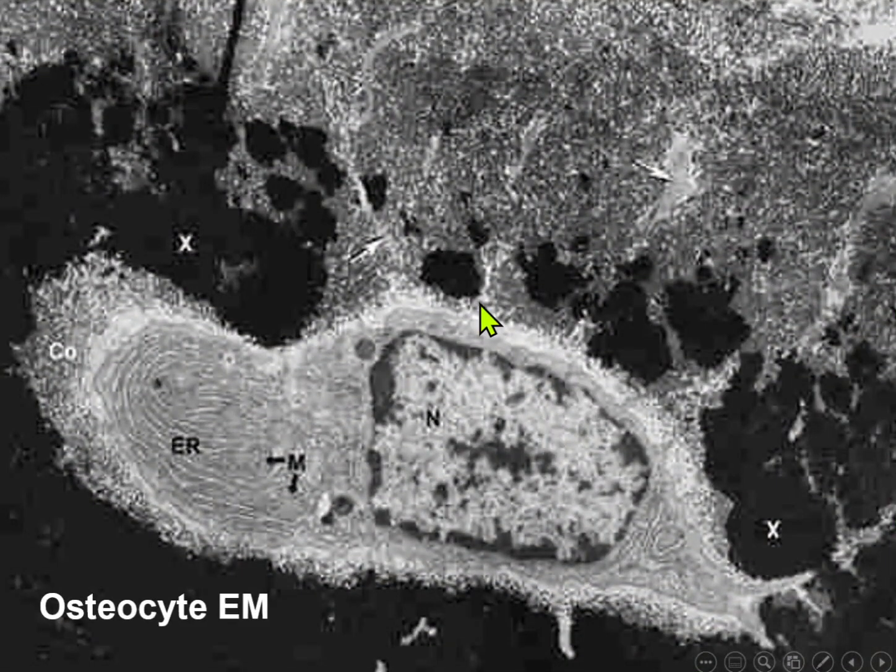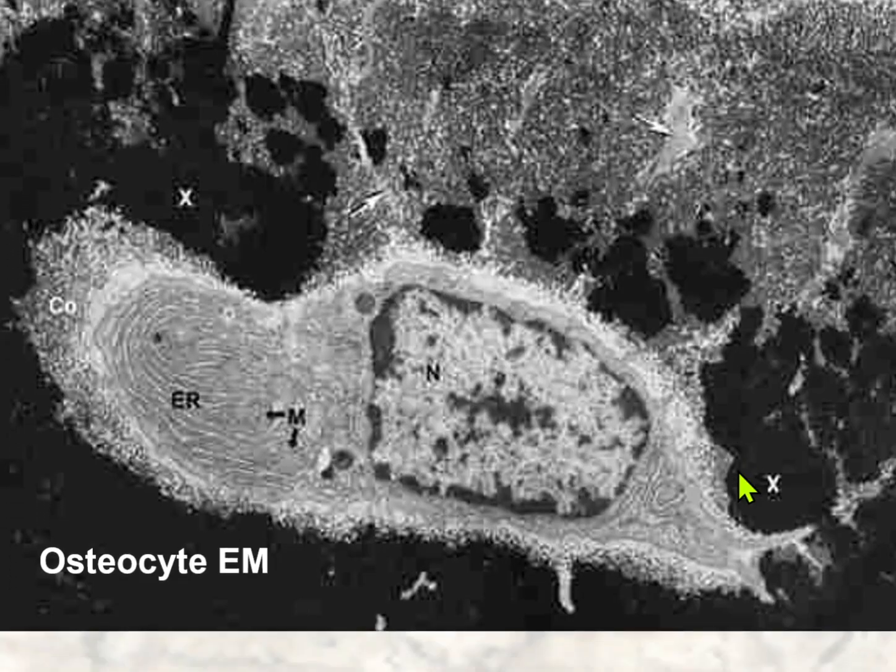Okay, this is an electron micrograph of an osteocyte. You see these cytoplasmic extensions running in, and here are the lacunae surrounding the osteocyte.